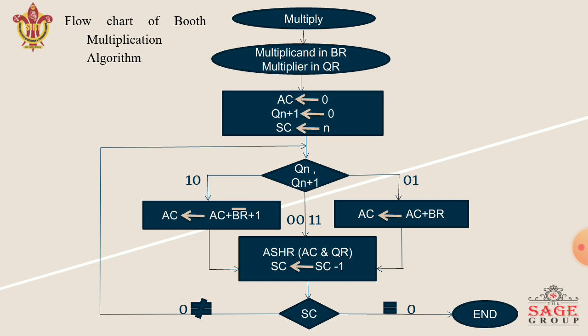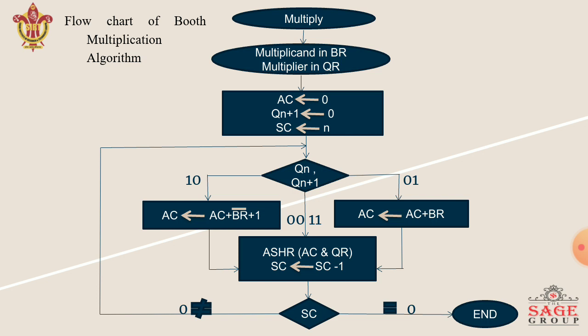After that, we check the value of Qn and Qn plus 1. The possible outputs of Qn and Qn plus 1 are 10, 00, 11, 01. According to the output, we perform the operations.